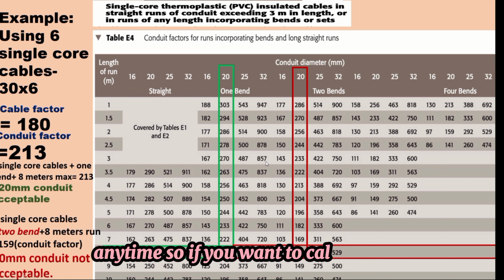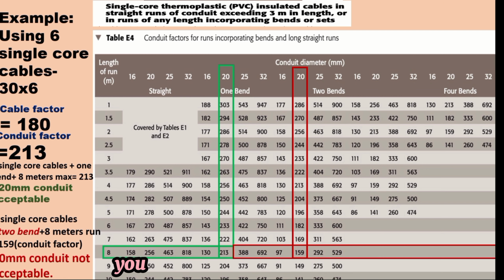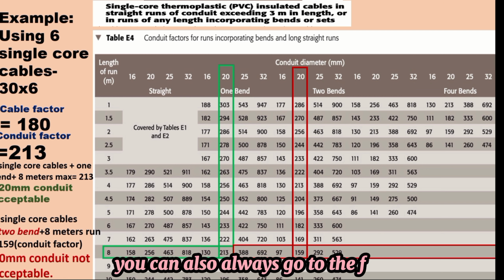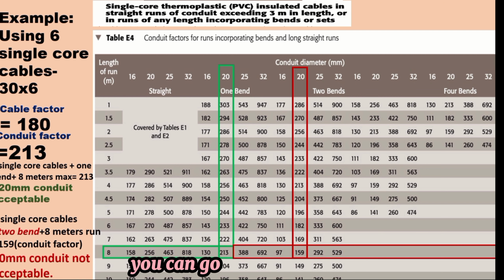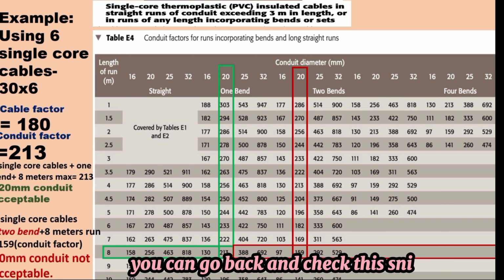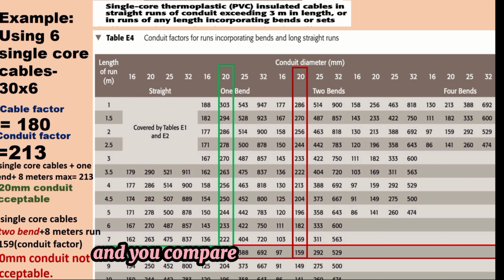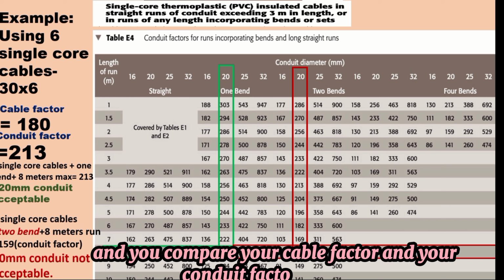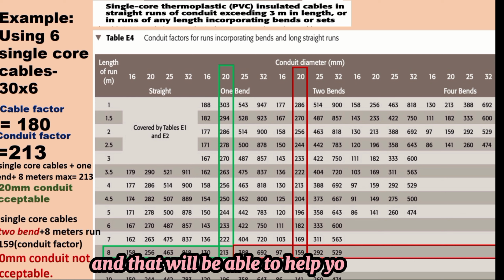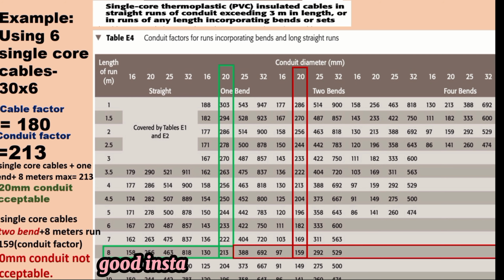So if you want to calculate for other cable sizes, you can also always go to the first chart. You can go back and check this. You can even snapshot that page there, and you compare your cable factor and your conduit factor together, and that will be able to help you to perform a good installation.